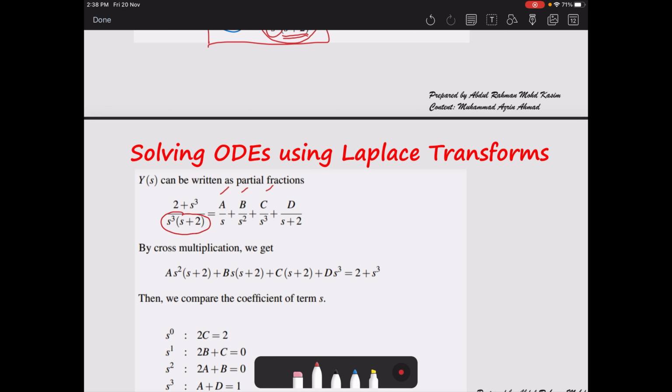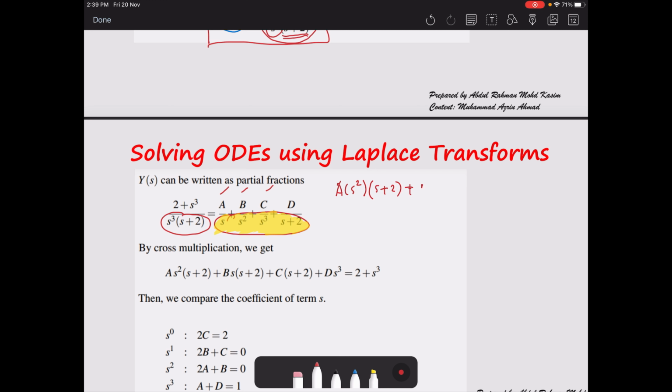So from here, the one that I highlighted, you need to make sure that the denominator is equivalent with the denominator of the left hand side. So as usual, for A, since we already have s over here, we need to multiply with s square, and we also need to multiply with s plus 2.